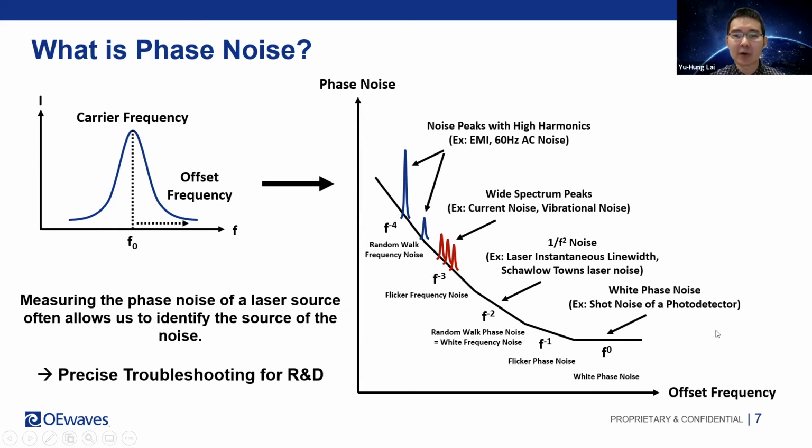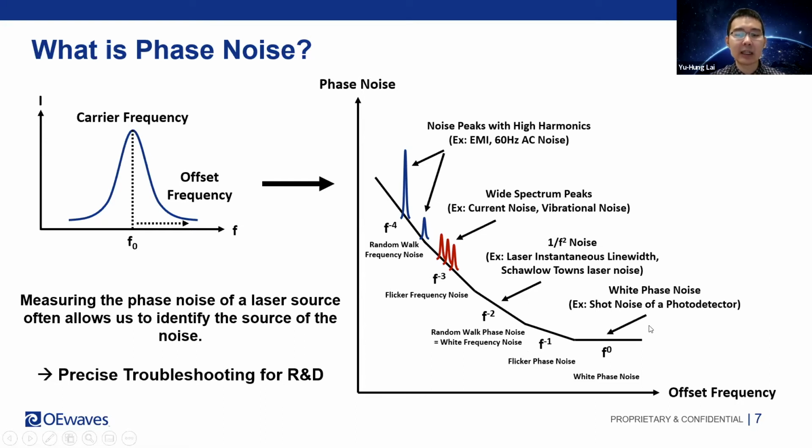The phase noise diagram provides a lot of interesting information for us. For example, we can see the different kinds of noise slope, like the F0, 1/F, 1/F squared, 1/F third, 1/F fourth. And that's a different kind of slope. That means the different kinds of noise sources. For example, the white phase noise will be characterized by the shot noise of the photodetector.